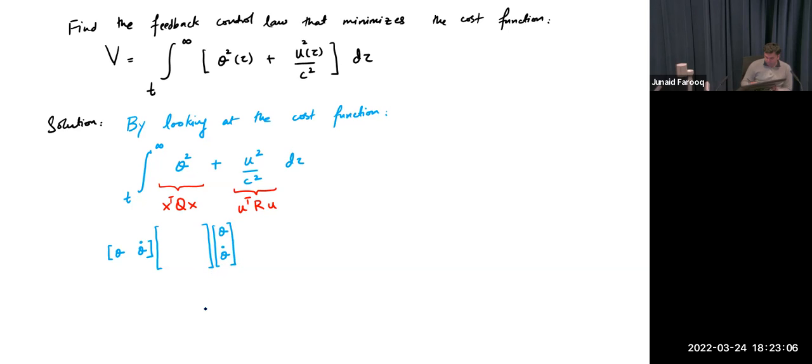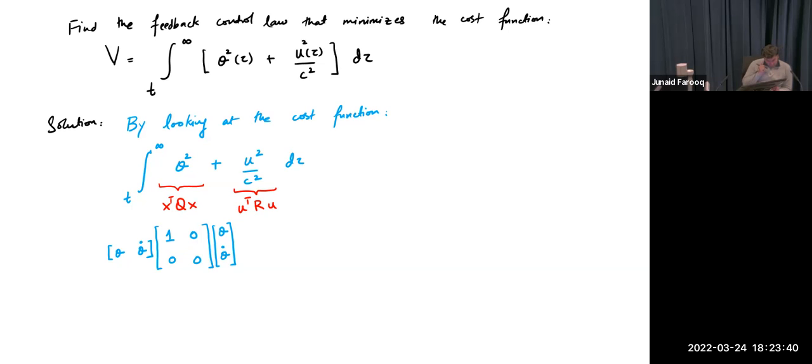So if this product evaluates to just theta squared, then I can simply see that the matrix Q will be 1 and 0 everywhere, because this element contributes to the coefficient of theta squared. This element contributes to the coefficient of theta dot squared, and then these are the cross terms, so it's theta times theta dot, and this is the coefficient of that term.